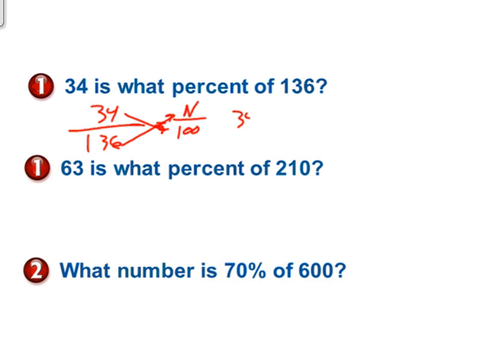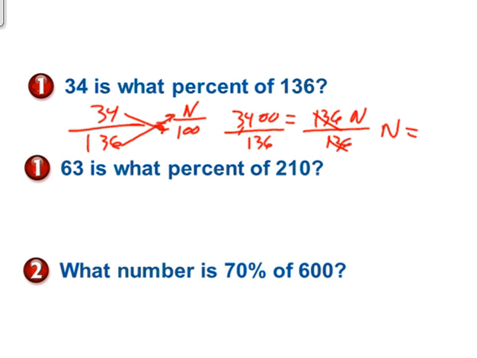So I've got 34 times 100, or 3400, is equal to 136 times n. To solve for just n, I'm going to divide both sides by 136. These will cancel out, leaving just n.